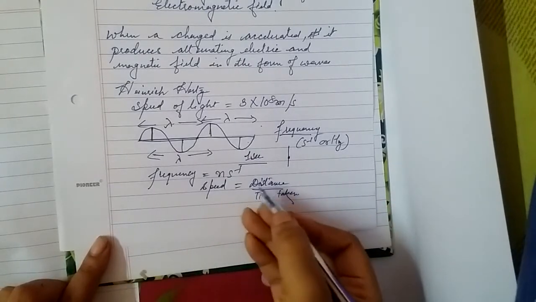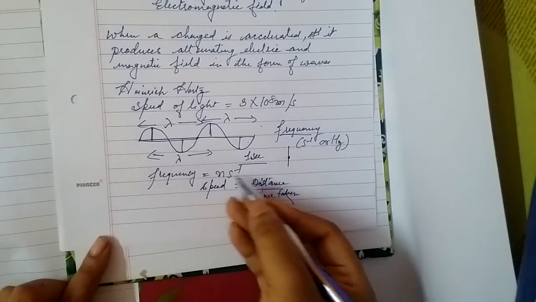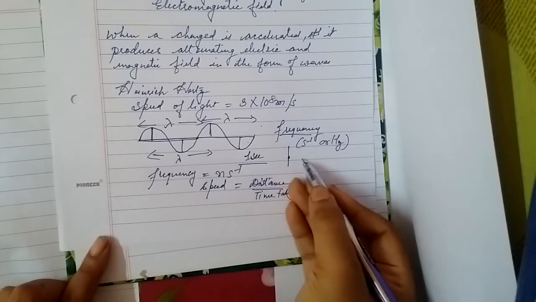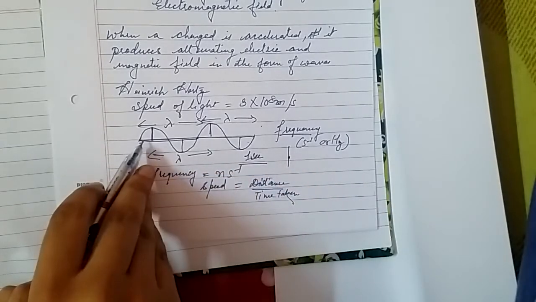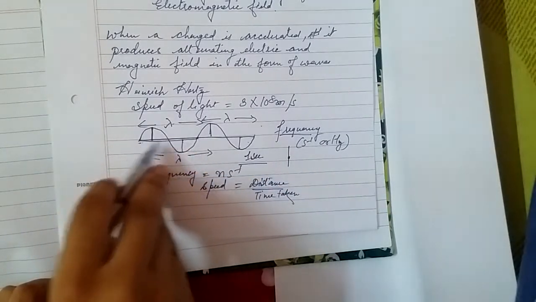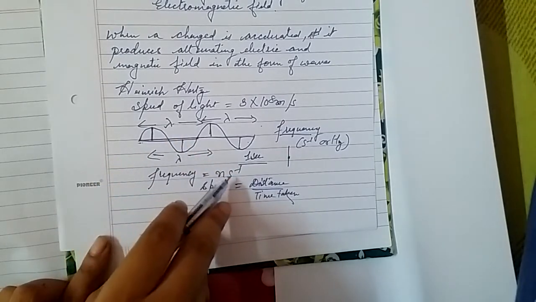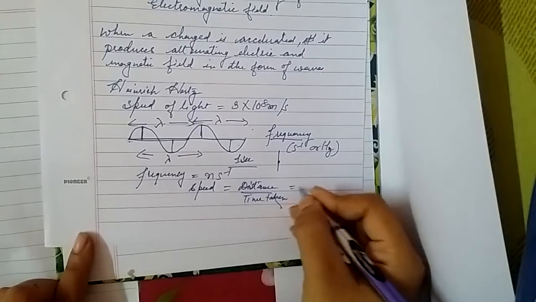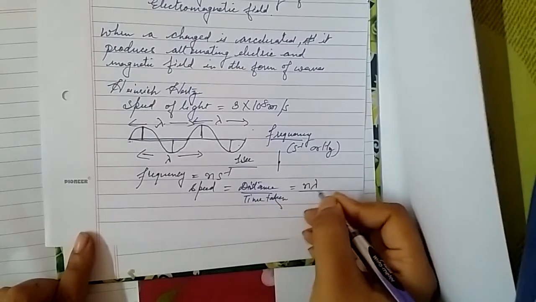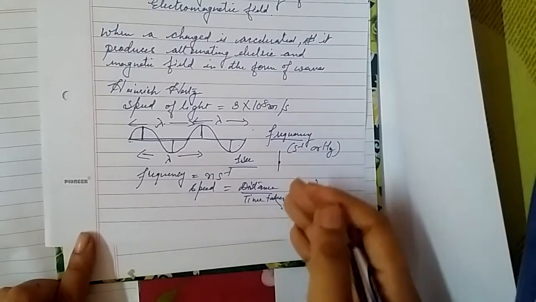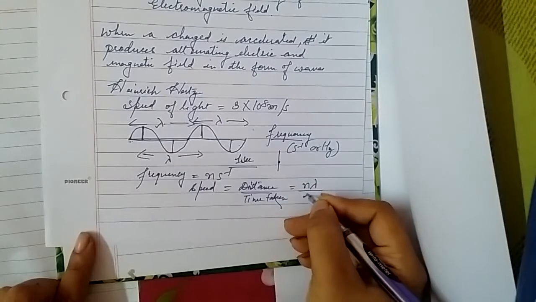In 1 second, n waves cross the fixed point, and if one wave has a wavelength lambda, then the length of n such waves will be n into lambda. So this n into lambda is the distance covered and the time taken is 1 second.